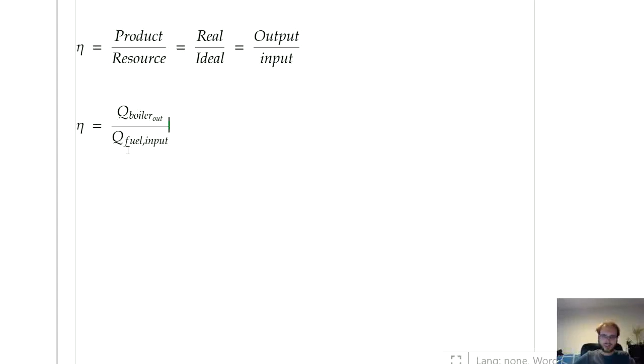And the amount of heat in the fuel input is the parameter that we want to get. So you can see that for getting that, you need to divide the boiler output by the efficiency.